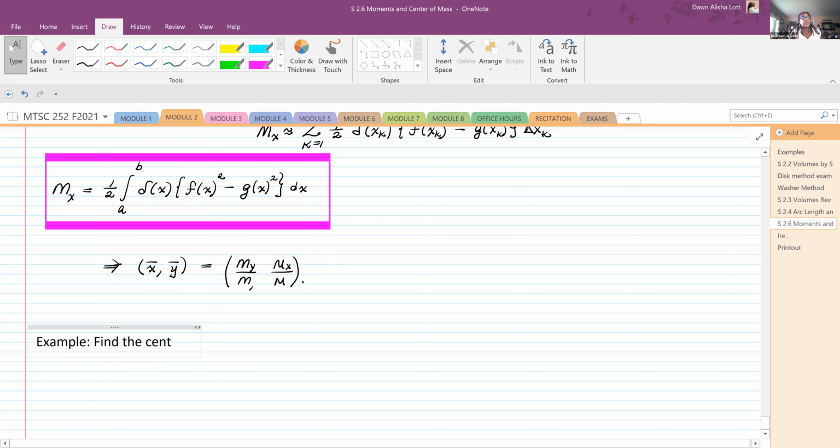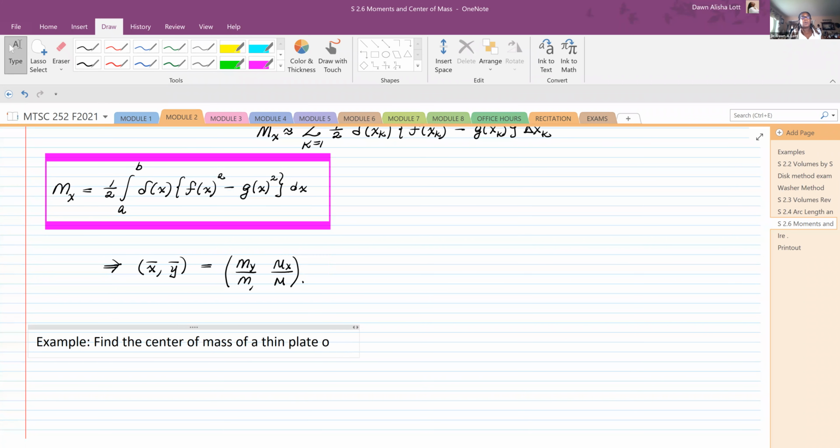Find the center of mass of a thin plate over the plane region bounded by the curves y is equal to x over 2.